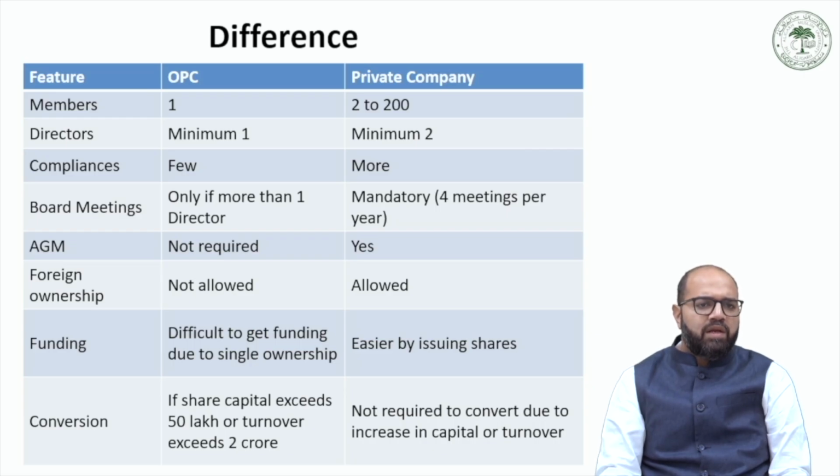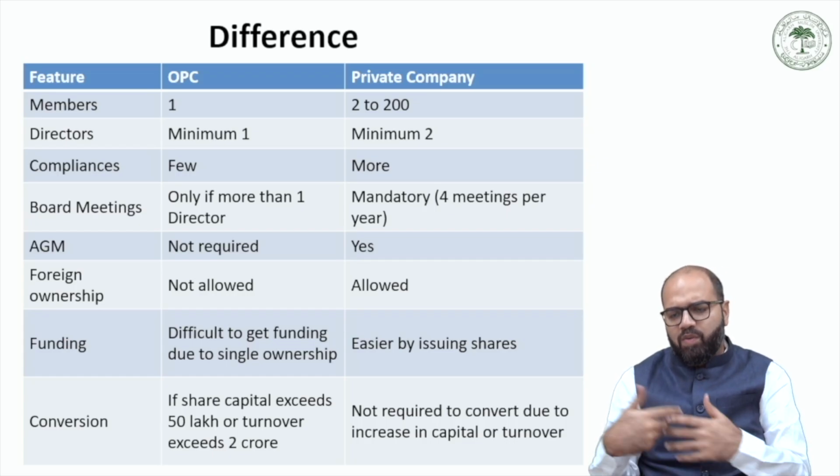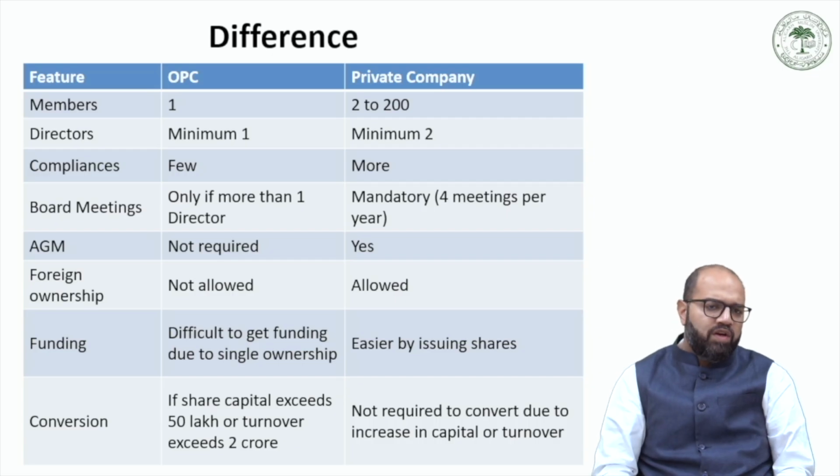In an AGM or annual general meeting, that is the meeting of the shareholders, the OPC is not required to conduct an AGM because there is a single shareholder who is not required to meet any of his co-shareholders because none are there. But an AGM is required for a private company because there are at least a minimum of 2 shareholders.